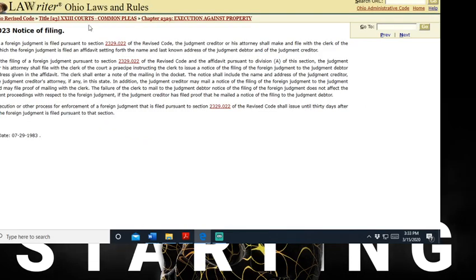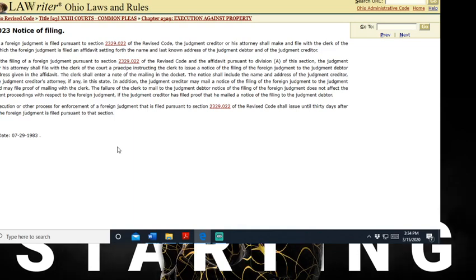Let's move forward. Notice of filing. When a foreign judgment is filed pursuant to the revised code, the judgment creditor or its attorney shall make and file with the clerk of the court in which the foreign judgment is filed an affidavit setting forth the name, last known address of the judgment debtor and of the judgment creditor.